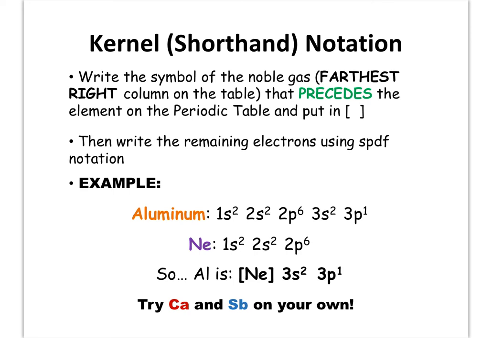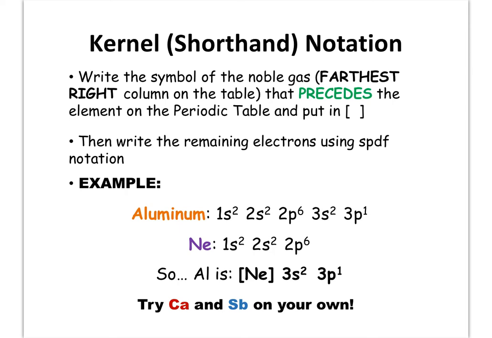So by putting neon in brackets for aluminum, it's basically like saying, I get to start at element number 11 and then continue until you reach aluminum. So if you're at element number 11, where are you at? You're at 3s2 and then 3p1, and that will get you to aluminum. So you put the noble gas that comes before it in brackets, and then you basically start with the element that comes after it and trace your way along until you reach the element that you're doing.